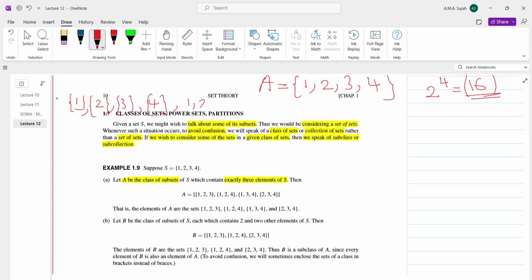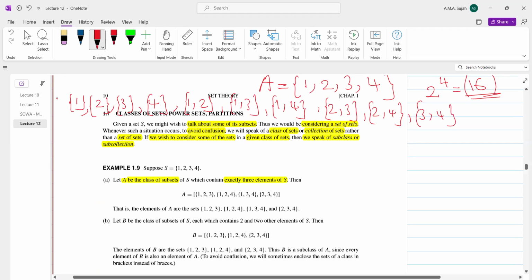Then {1, 2} is a subset, {1, 3}, {1, 4}, {2, 3}, {2, 4}, {3, 4} are subsets. Altogether 4, 6, 8, 10 is coming.